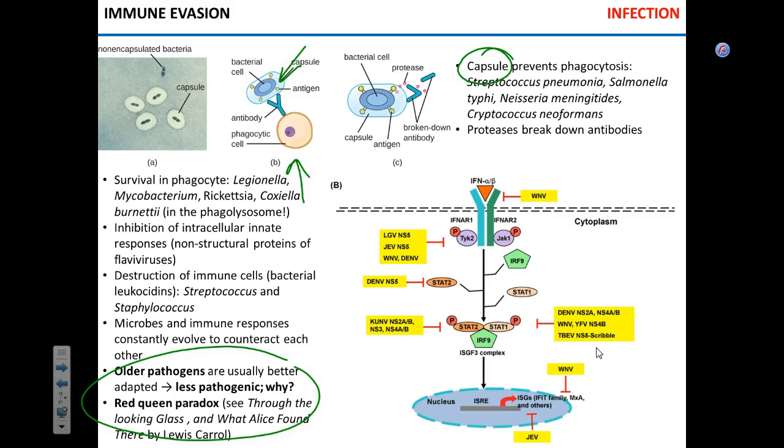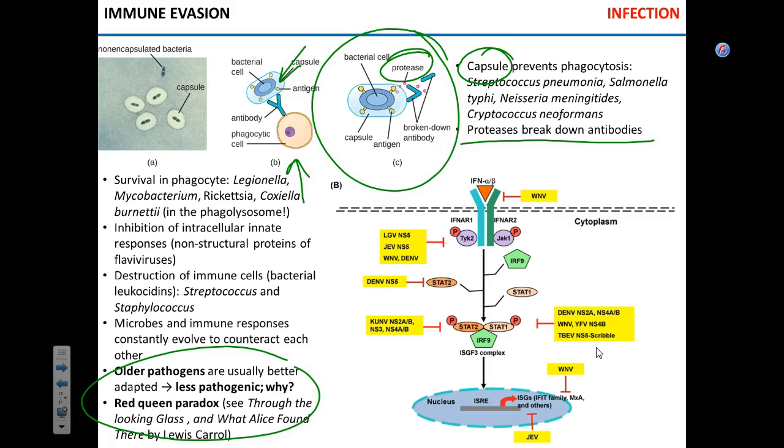Another way: when you develop an infection, your immune system produces antibodies. Microbes produce proteases that can break down those antibodies. They can destroy them. Okay? Now you have to understand that a given microbe may have more than one mechanism, like on this illustration.